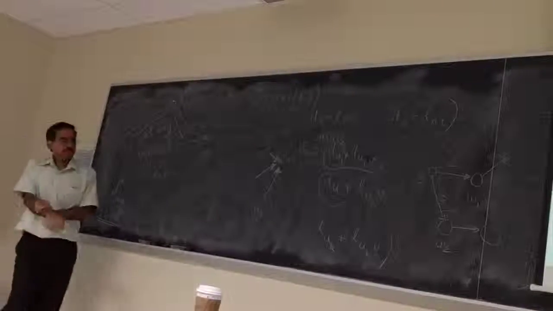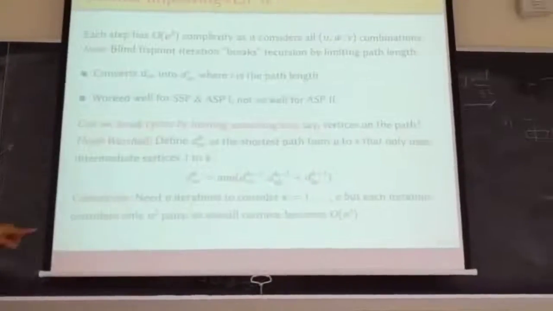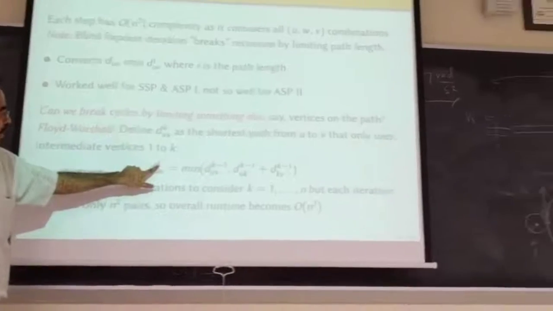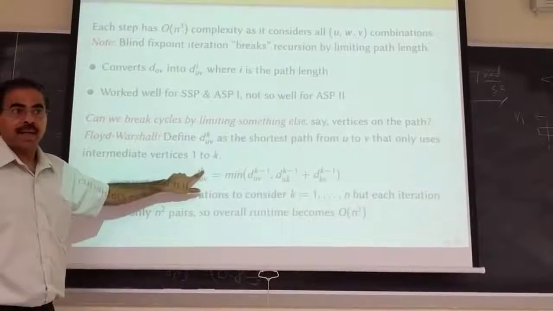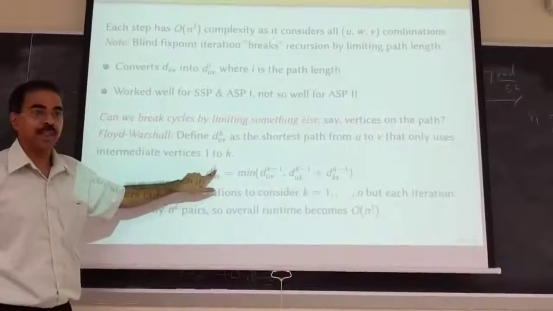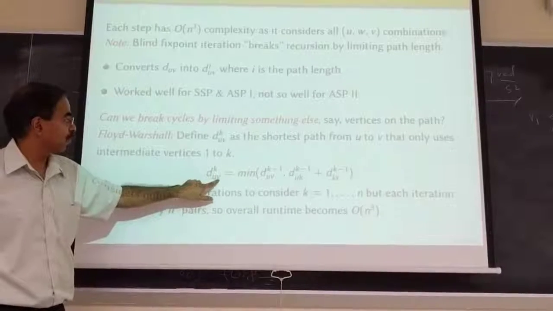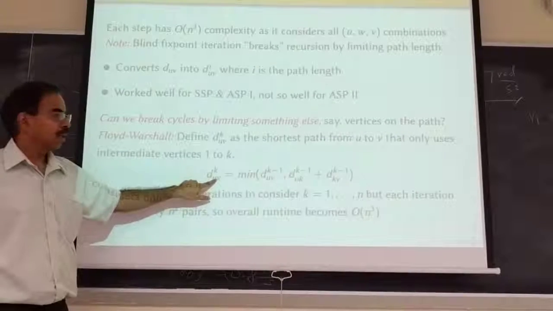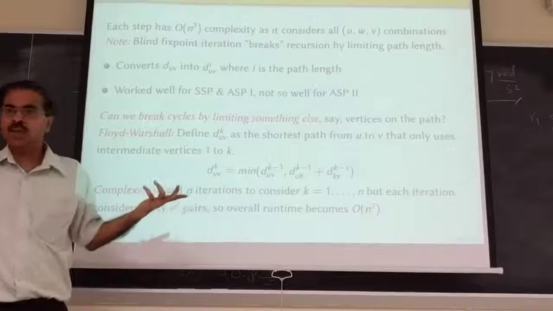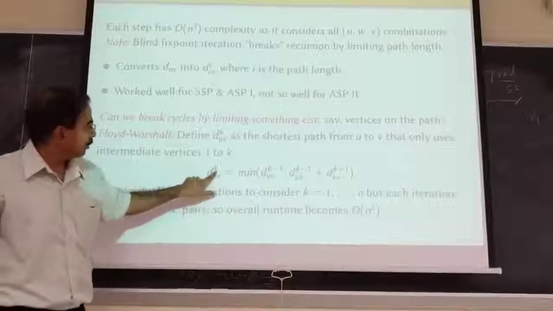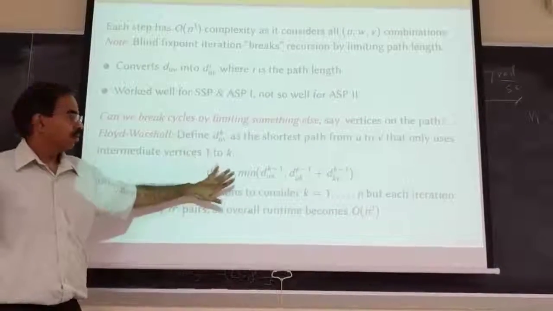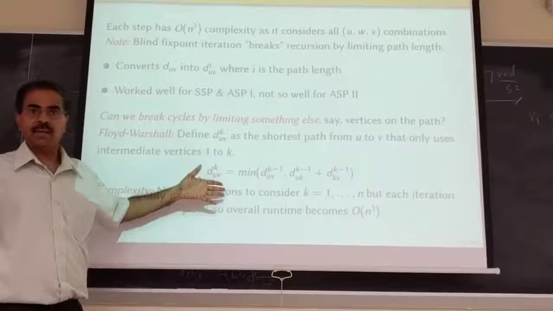And why? Because let's just go through this. So once again, when you let k go to n, right? Then this is no longer a limitation, right? Because what you're saying is that you go from u to v using vertices 1 through n, which means that you can go through any vertex. So by the time k reaches n, you have actually computed the shortest path, right?